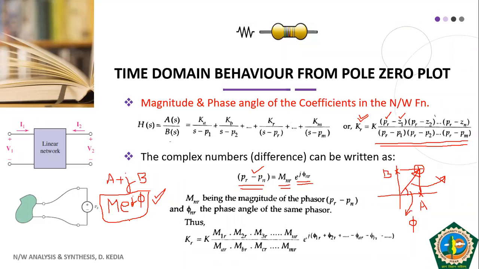And you already know e raised to power j phi is nothing but cos phi plus j sin phi. So you can reduce it and you will again get this complex number representation: m into cos phi plus j sin phi.